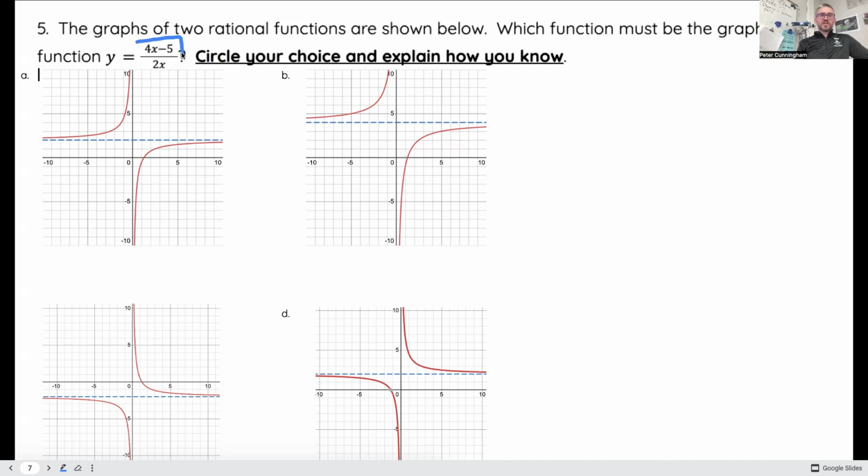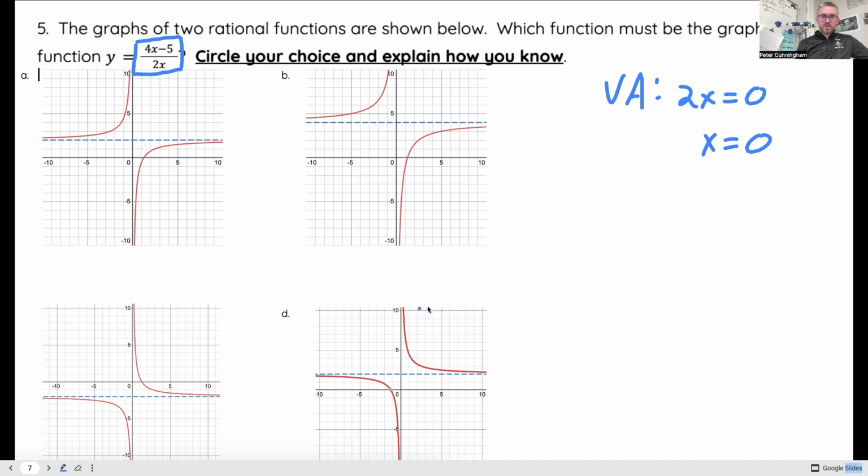Now, I have an equation here, (4x - 5) over 2x. This equation would have a vertical asymptote at 2x equals 0. Well, if 2x equals 0, then it would be at x equals 0. So the first thing I'm going to do is check my vertical asymptotes. I have a vertical asymptote here at 0. I have one here.